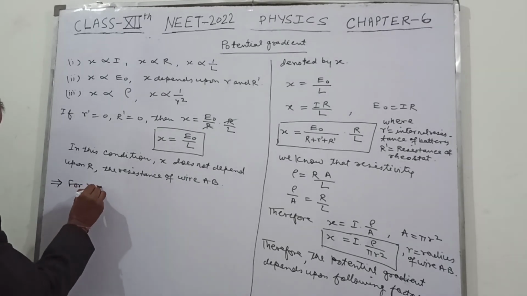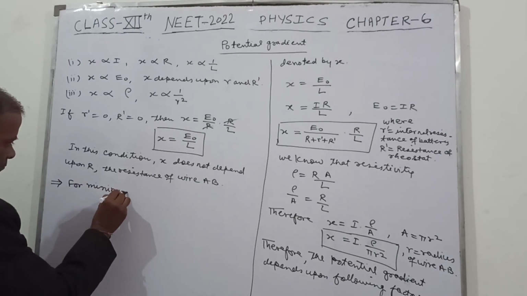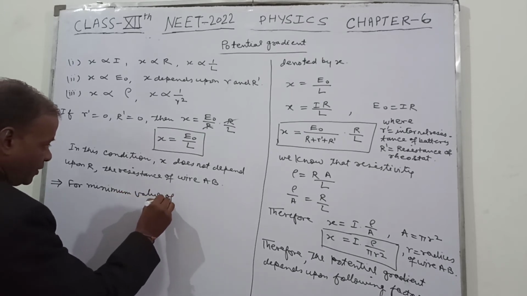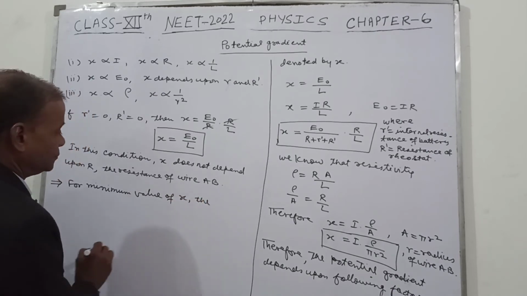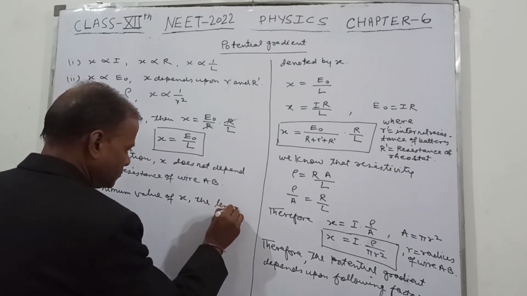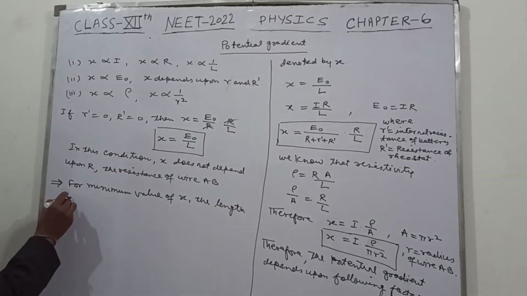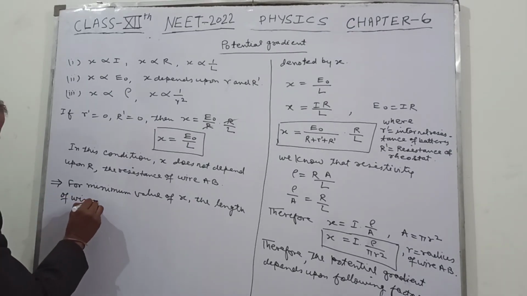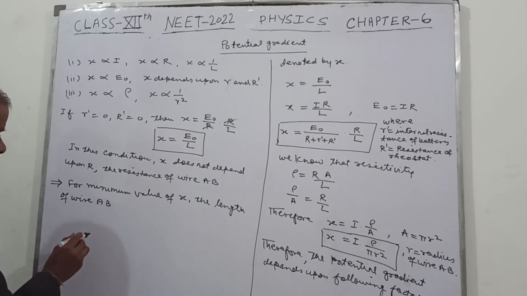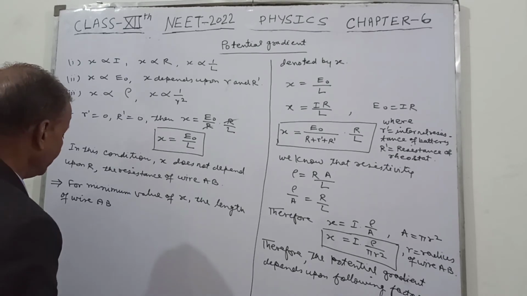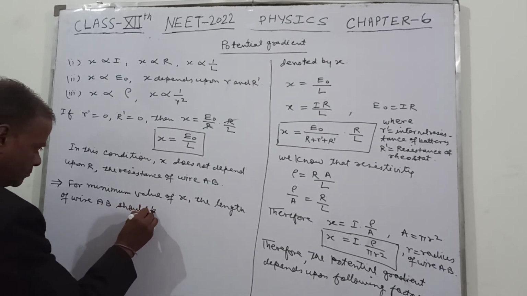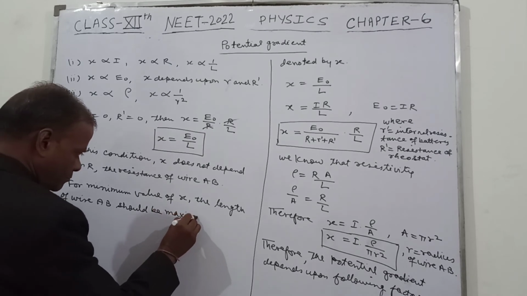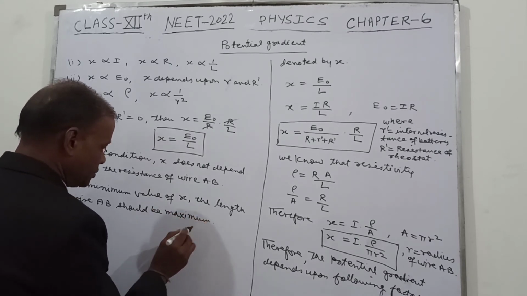For minimum value of x, the length of wire AB should be maximum.